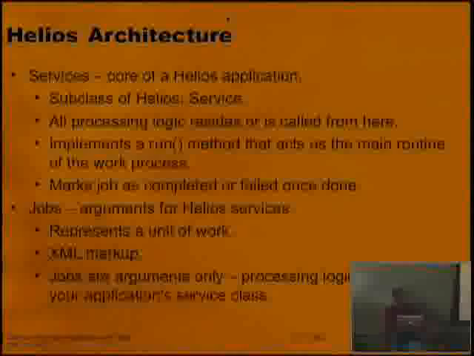That kind of stuff takes too long. And like I said, jobs are arguments only. That's one of the differences about Helios as opposed to some other systems that were around at the time. Jobs aren't code. Jobs are just arguments to services. The code is in the service. That way jobs can be really simple and relatively easy to manage because they're just arguments. All your code is in the service.